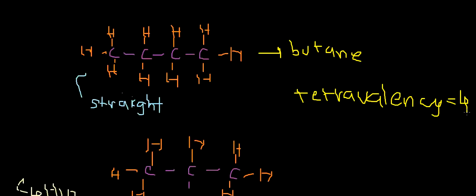The end carbon atoms had only one carbon atom, so they need one more atom, of hydrogen or carbon.